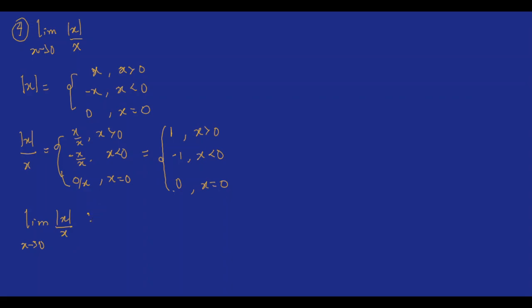We can try to evaluate the left and right sided limits. The limit of the absolute value of x divided by x as x tends towards 0 from the right is equal to 1, and the limit as x tends towards 0 from the left is equal to minus 1, as we can see here.